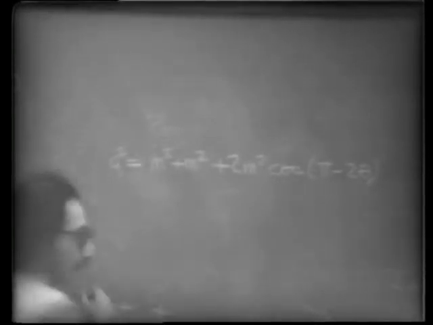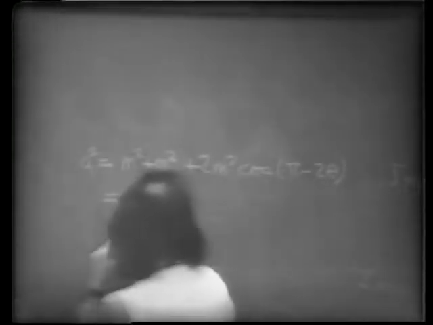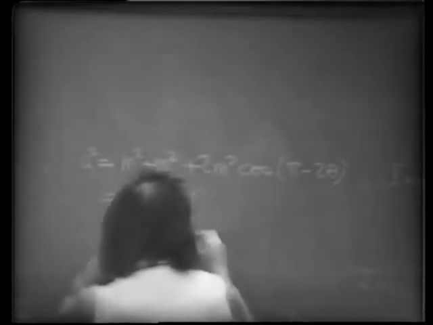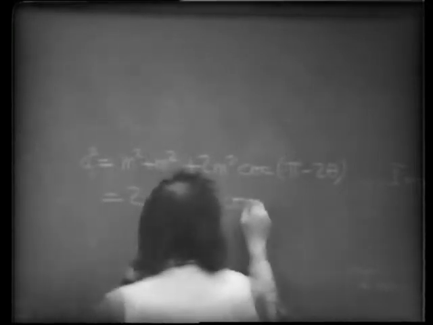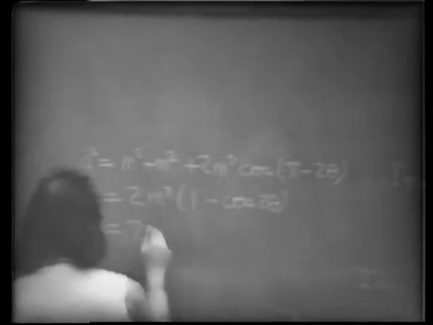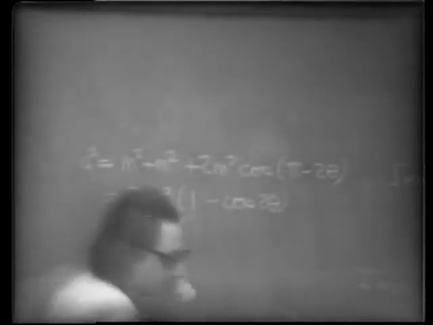They're both going in, so it's the same thing. Thus, this is 2m squared, 1 plus cosine of pi minus 2 theta, which is 1 minus cosine 2 theta, equals 2m squared. What is cosine 2 theta?